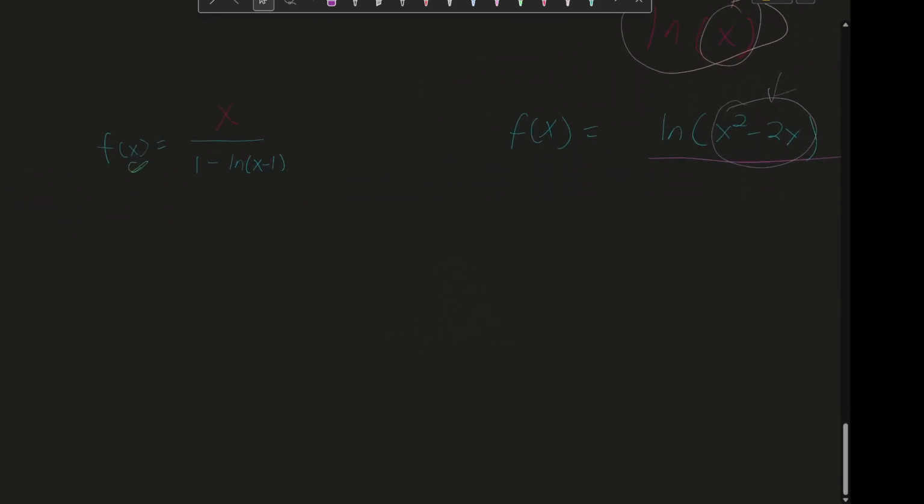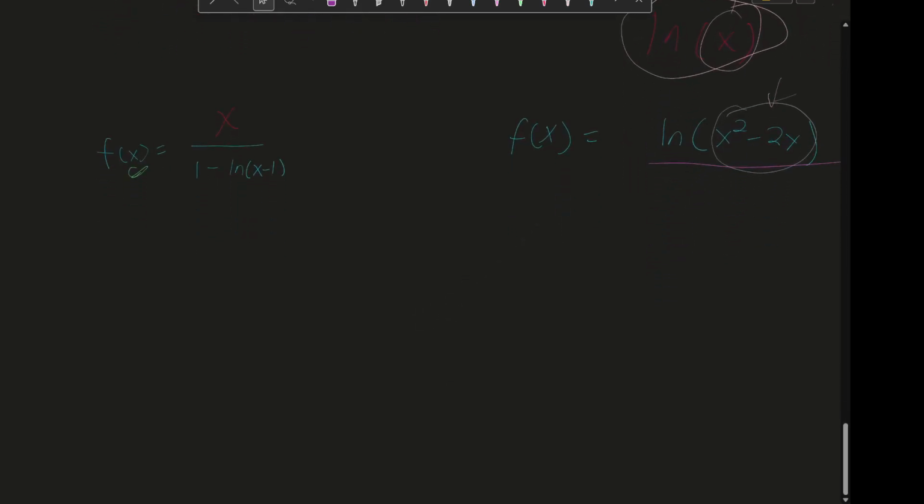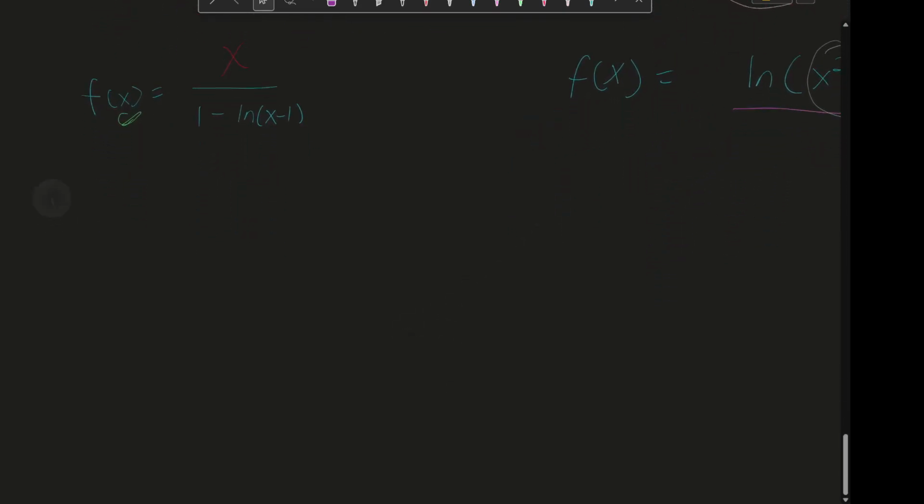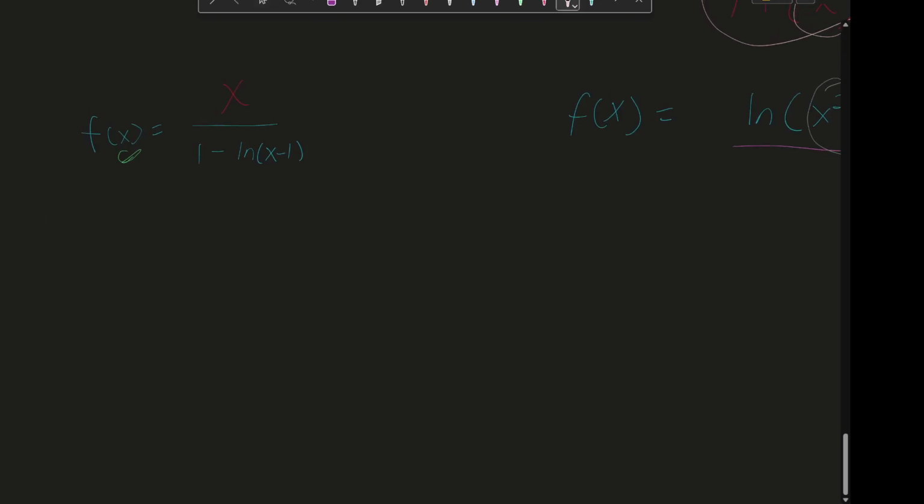So first thing we're going to do, we'll start with this function on the left. Not only do you have to worry about the argument inside the logarithmic function, that x minus 1, but it's a fraction where this is in the denominator, with your x value inside the argument.